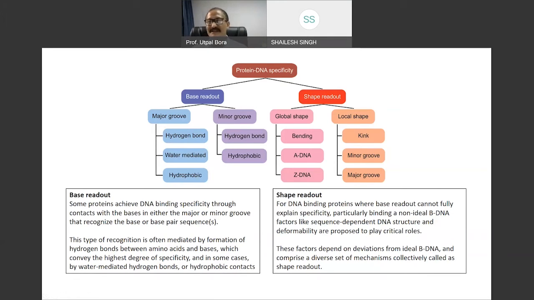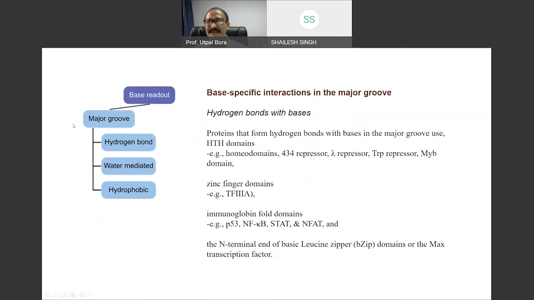One is the local shape readout, where the kinks, the minor grooves, and the major grooves play a major role. And there is a global shape readout, where the bending and the features of A-DNA and Z-DNA are very important. We'll try to discuss them briefly because we have many more points to discuss.